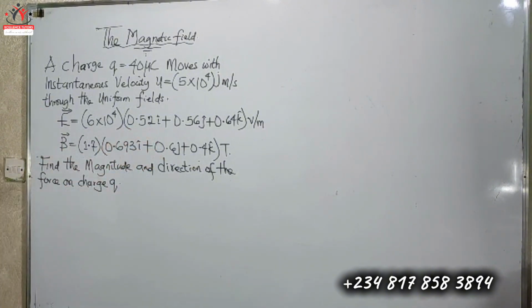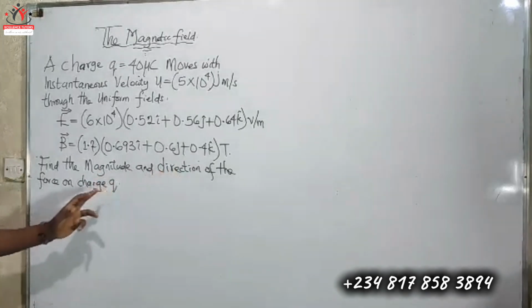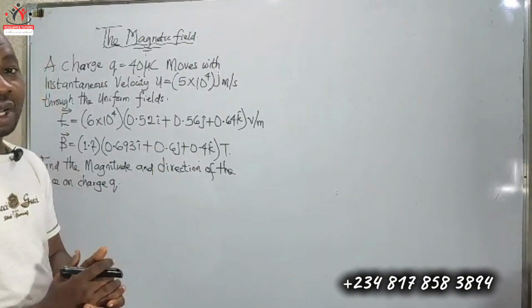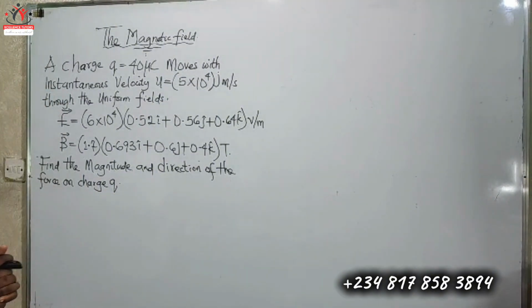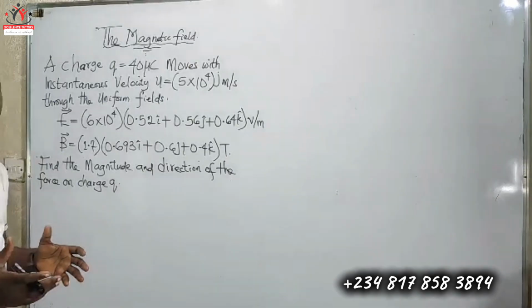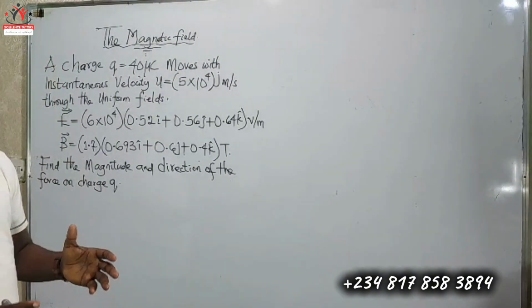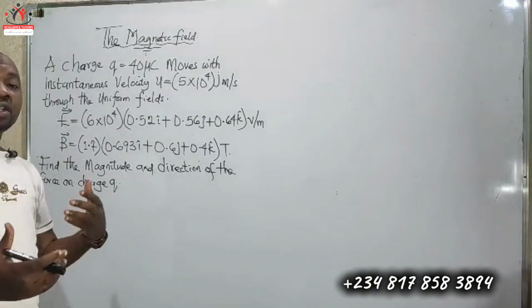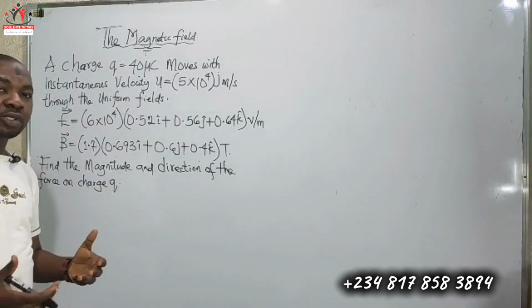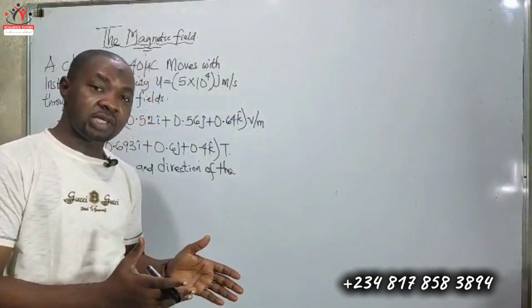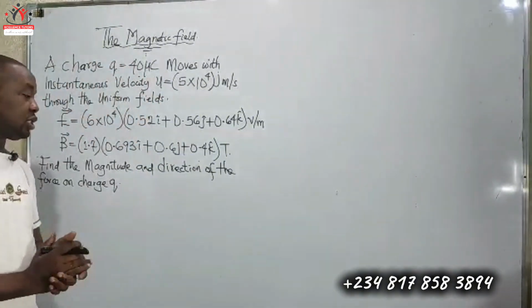Now we want to obtain the magnitude and direction of the force on charge Q. When we have a charge existing in the region of both electric and magnetic field, the charge will experience a force which can be given as a vector sum of the magnetic force and the electric force on the charge.